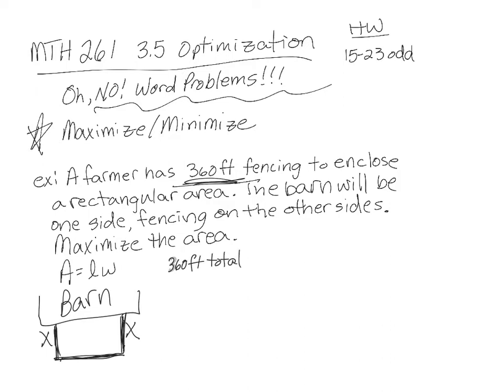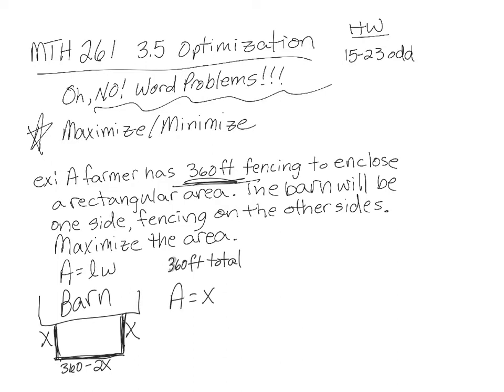Well, how much have we already used? We know this is X and we know this is X. So this is all of the fencing that we have minus what we've already used. This is the rest. So that will be the total amount of fencing minus the two X's that we've used so far. So what is the area enclosed?